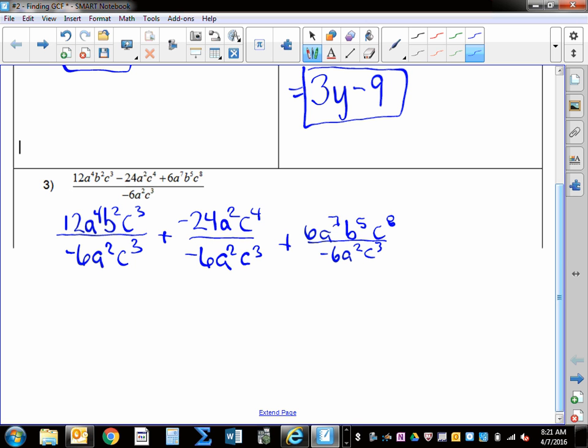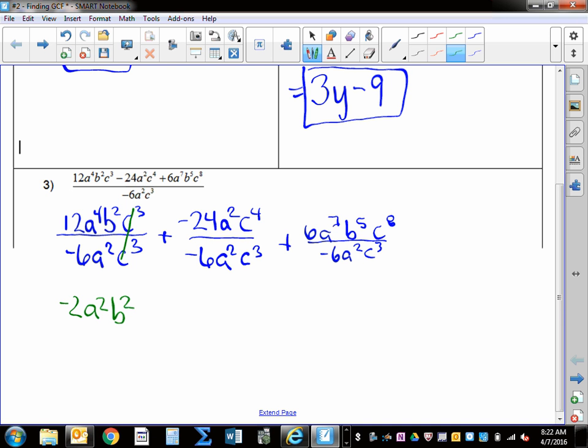12 divided by negative 6 gives you? Okay, negative 2. A to the 4th over a squared. A to the 2nd. Alright, and then we have b squared. Is there anything I can reduce that with, though? Nope, so it's just b squared. And then c cubed over c cubed?